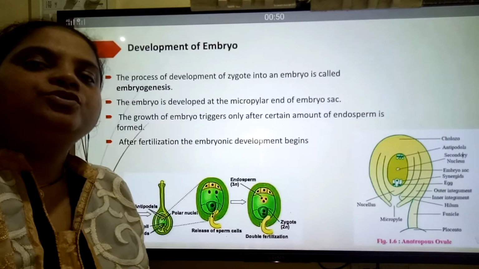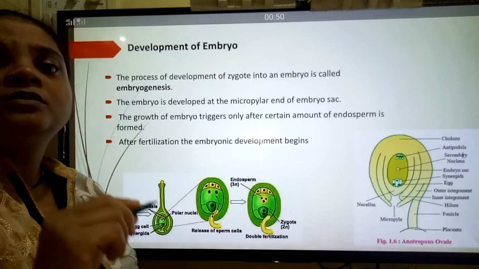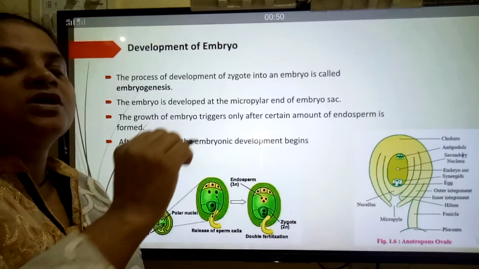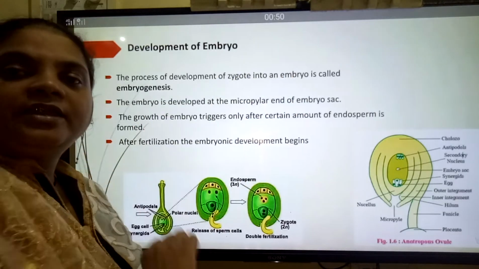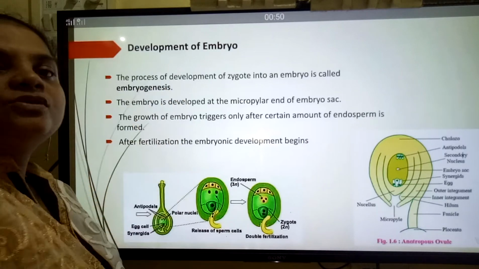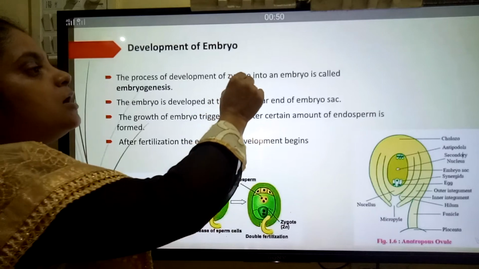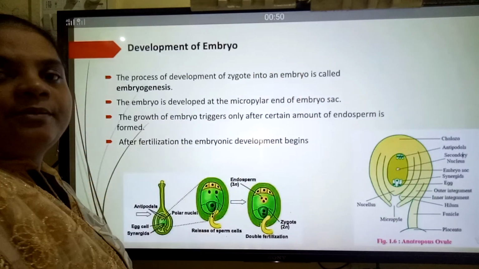Hello students, today's topic is development of embryo. The process of development of zygote into an embryo is called embryogenesis. So embryogenesis is a process of development of zygote into embryo.